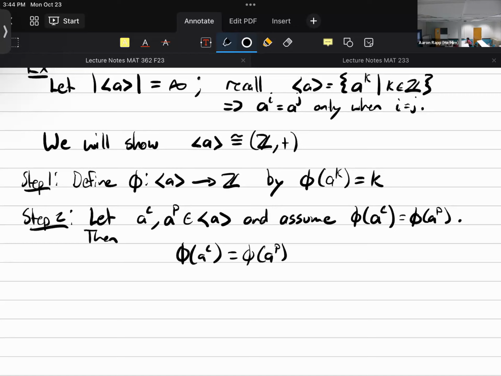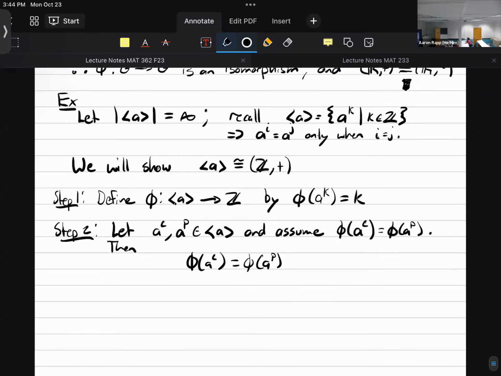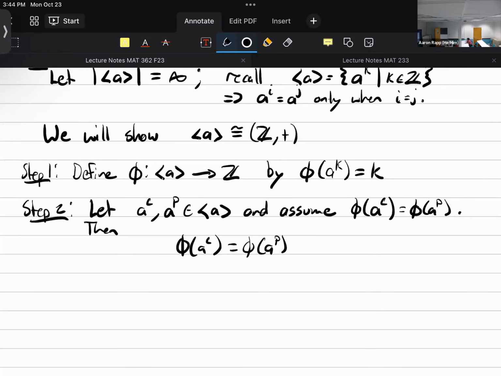If I apply the definition of these mappings that we just created, what is A to the C power going to get back? C. What is A to the P power going to get back? P. And I know, because the cyclic group that we're working in is of infinite order, we've already studied those.